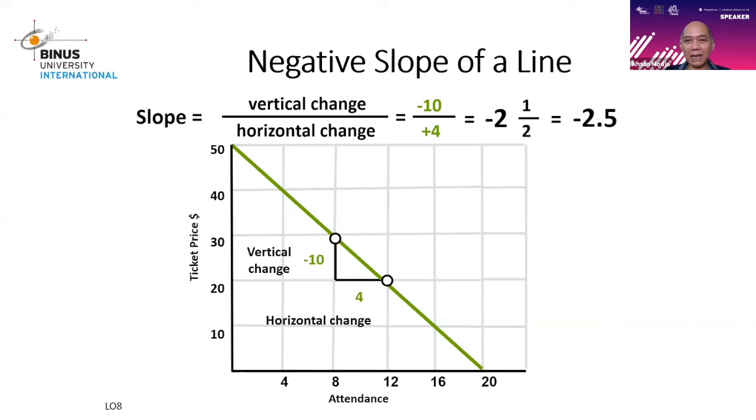But anyway, now what happens with the slope? Sorry, what happens with the graph when the slope is 0? Anyone knows? What if the slope is 0? It's in the x-axis. Sorry? Yes, Angelique, sorry, I didn't hear it.